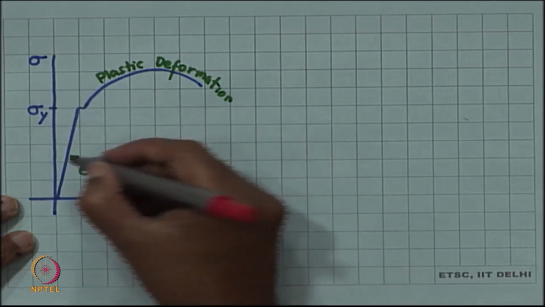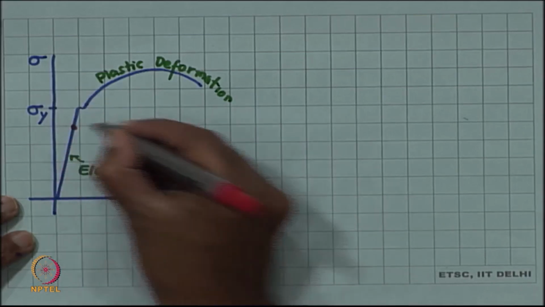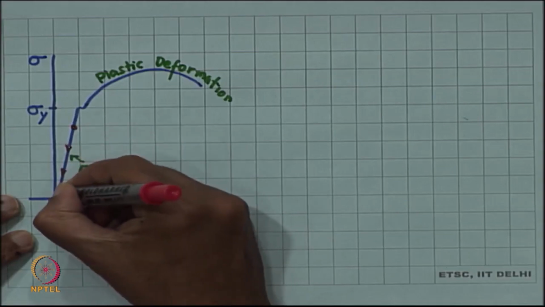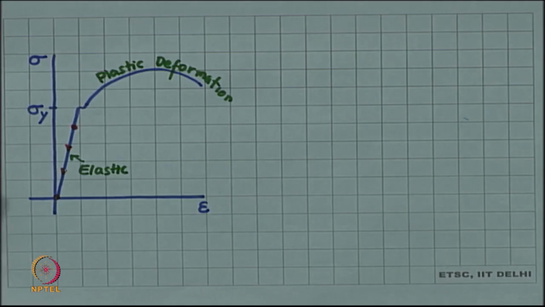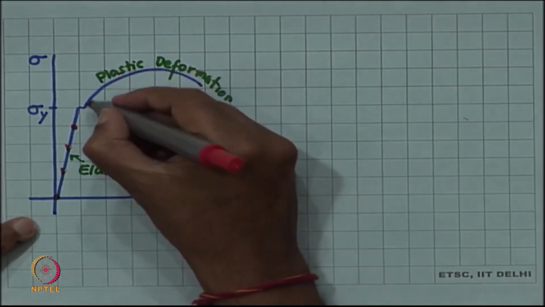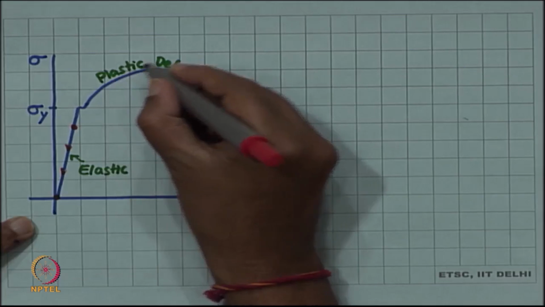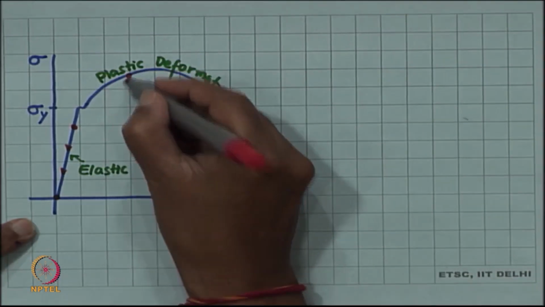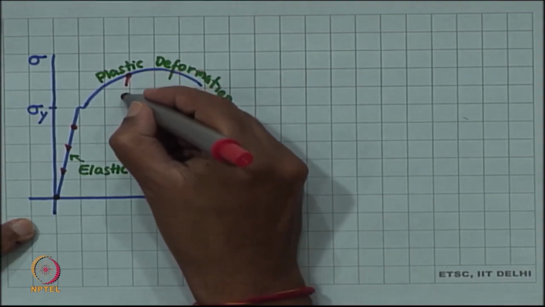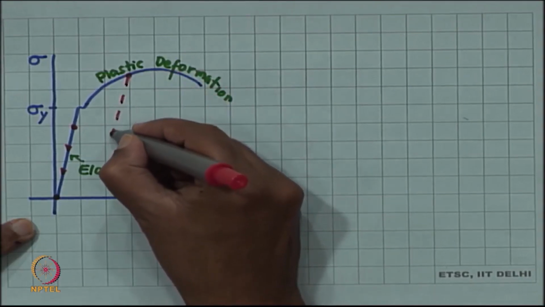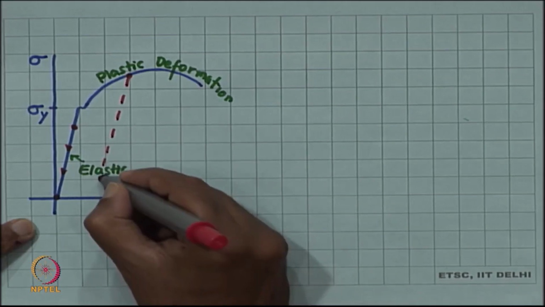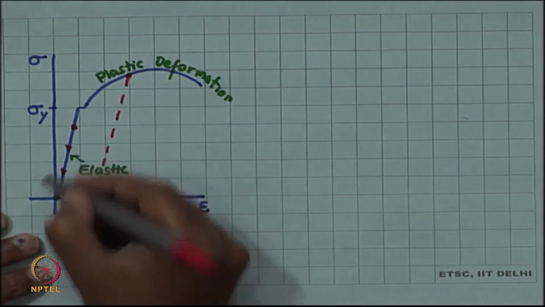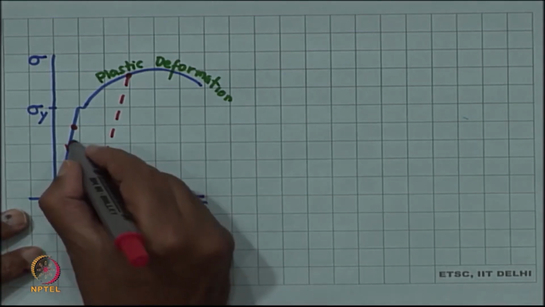So, if we start unloading at any point in the elastic part of the curve, then there will be no permanent deformation. But if we have deformed up to a certain point in the nonlinear regime, and from there we unload, then it will follow a line parallel to the initial part of the curve, that is the Young's modulus.